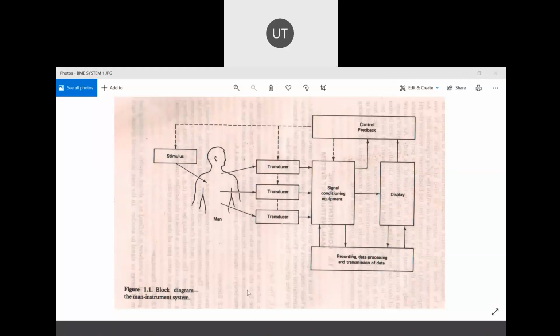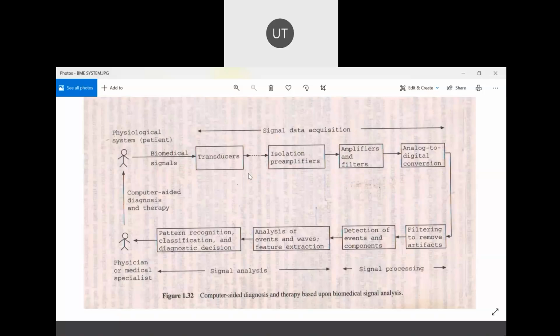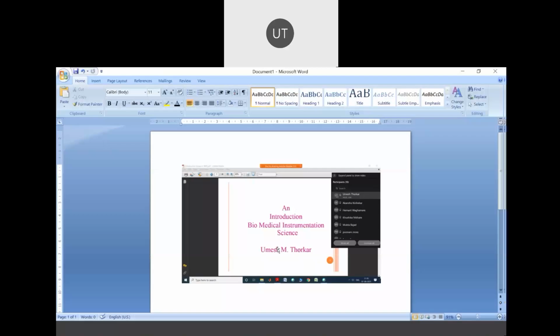Again, a similar kind of thing, but from a different book.